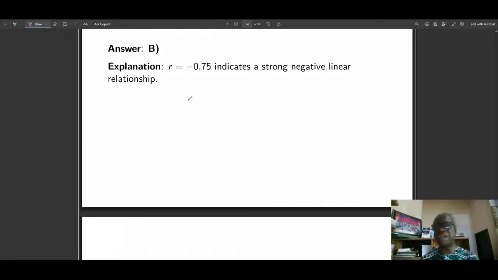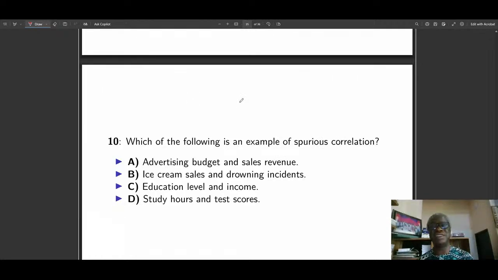Finally, question 10. Which of the following is an example of spurious correlation?